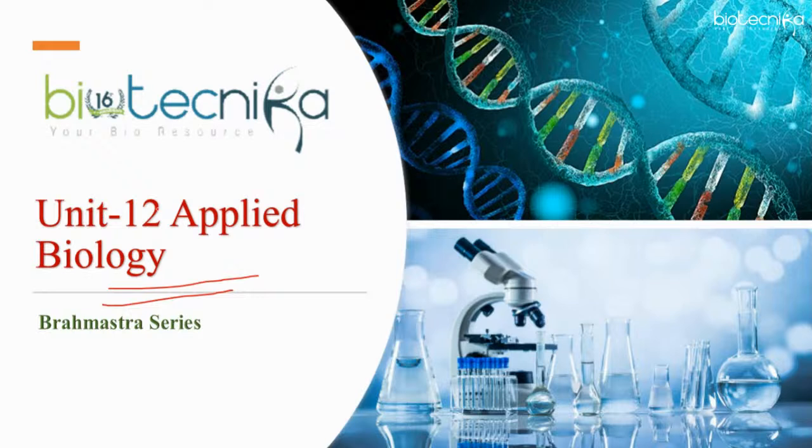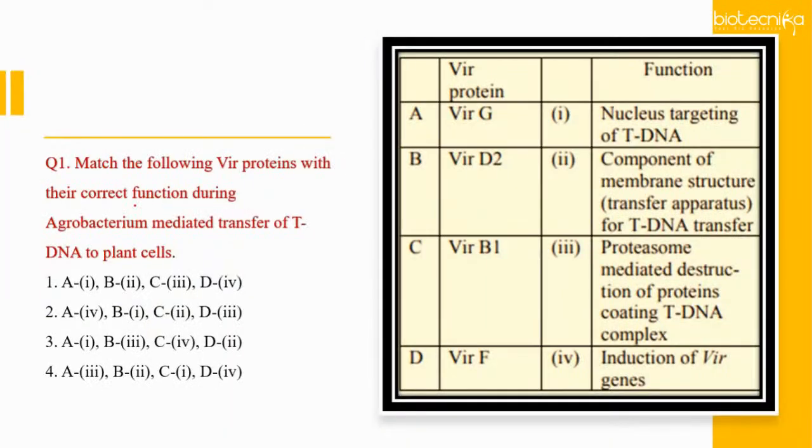So, let's start the session with a very simple, yet important topic. Find out the correct combination regarding the gene transformation by Agrobacterium. This is one of the common topics if you come across the CSIR NET exam, where they never skip Agrobacterium based questions, right?